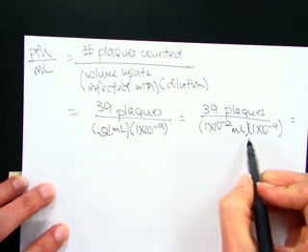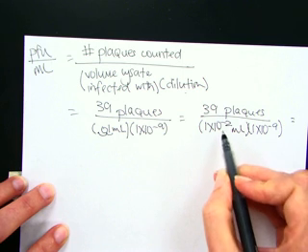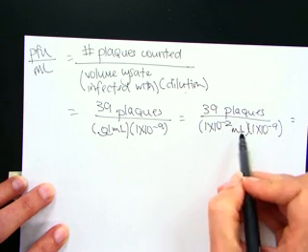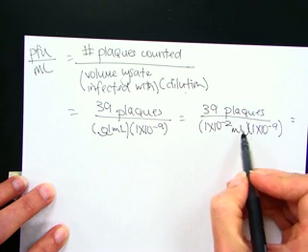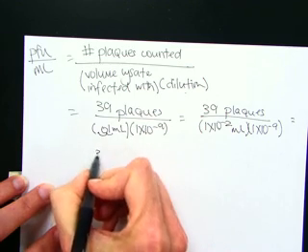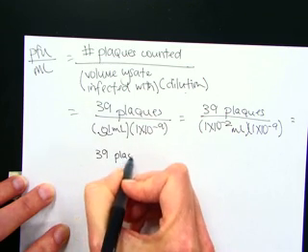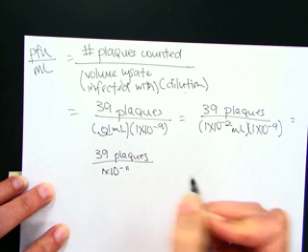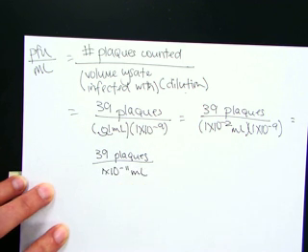So we now have multiplied together two numbers that are 10 to the power of something. And so we know that when we multiply numbers with exponents, we can add together the exponents. And so now we can write this as 39 plaques divided by 1 times 10 to the minus 11th mils, because minus 2 plus minus 9 is minus 11.